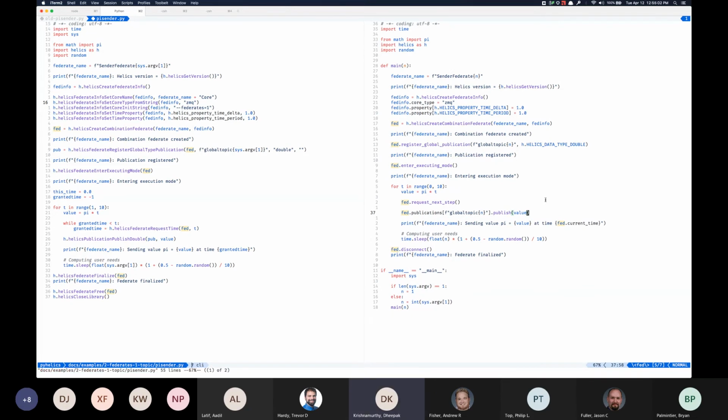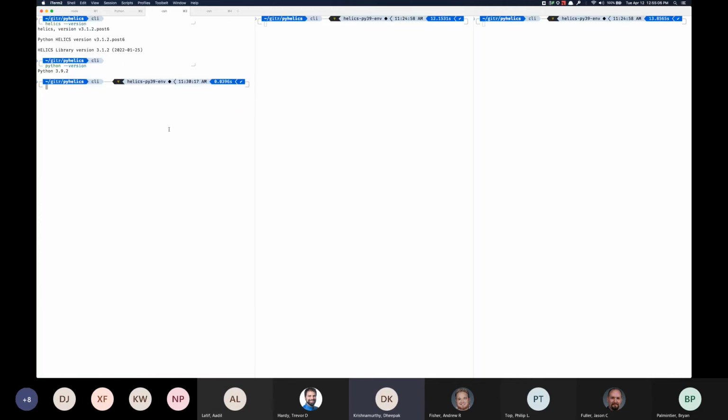I wanted to show next some of the features that we've been adding to the command line interface. When you install the Python package for Helix, you get the Python library as well as some of the built-in Helix apps.